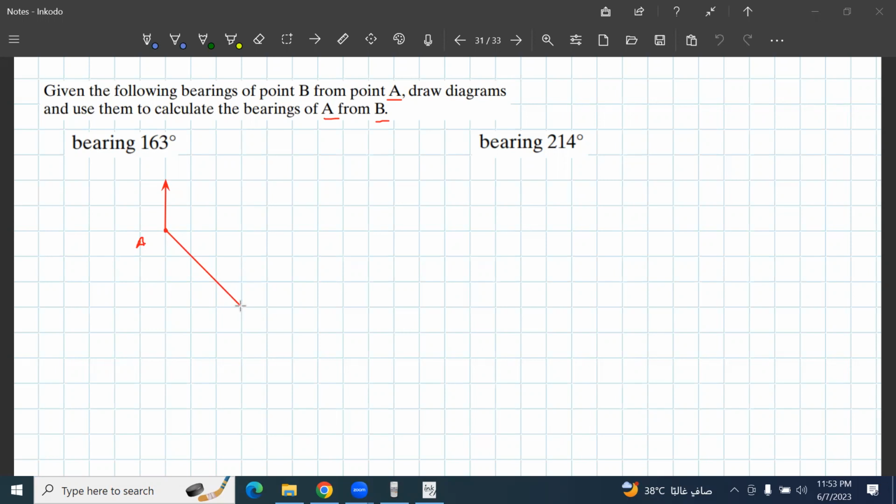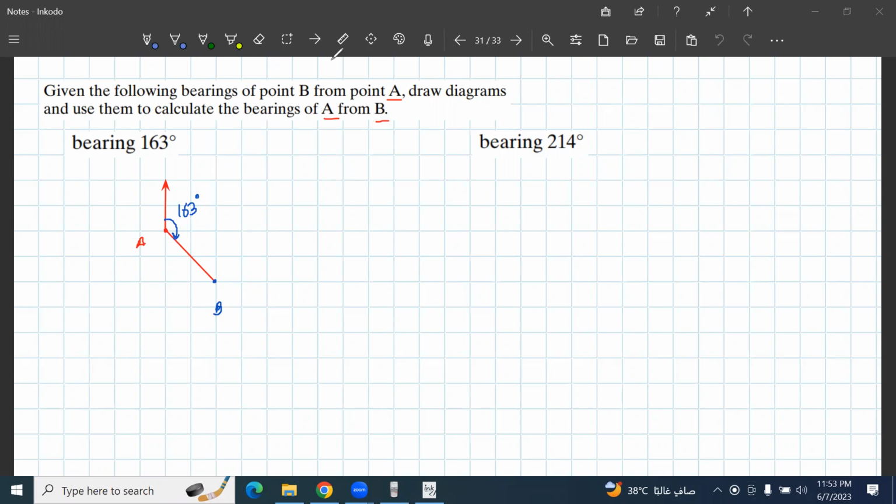This is not exact, but an approximation, okay? After this is the question. Here, clockwise bearing from point A, which is 163, and this is point B. We have to draw. Now your question is, what is the bearing of A from B?